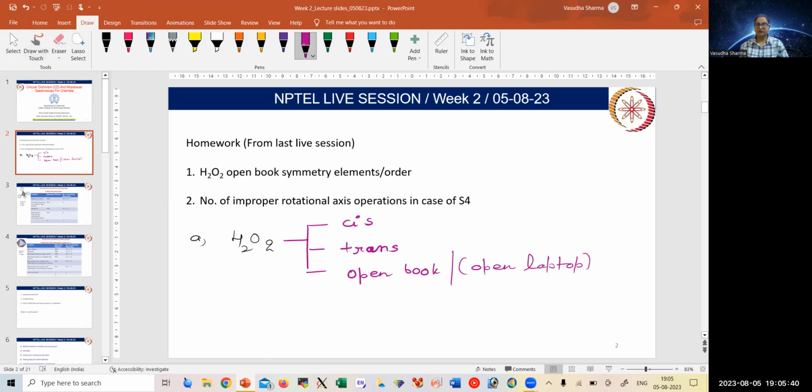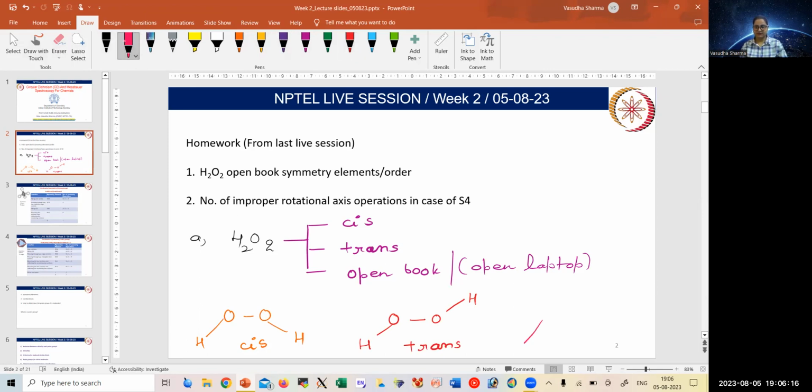In the cis form, we have oxygen and oxygen, and both the hydrogens are facing towards each other. So this is your cis form. Then in the trans form, the hydrogens are in opposite directions to each other. So this is trans.